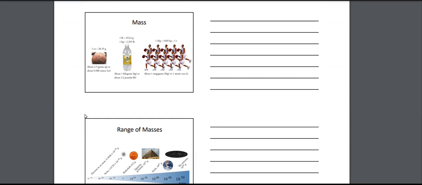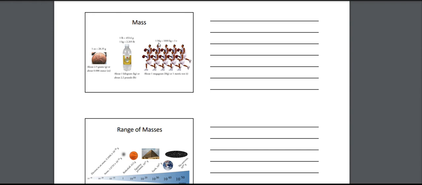So when it comes to mass, for example, 1 ounce is about 28.35 grams, or about the mass of a nickel. So if you weigh the nickel, it will be about 28.35 grams. 1 pound is 453 grams, and 1 kilogram will be 2.205 pounds.